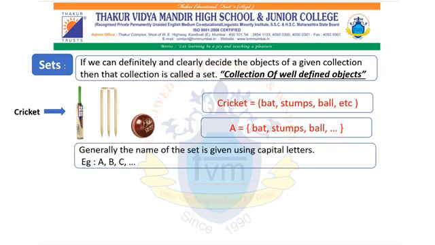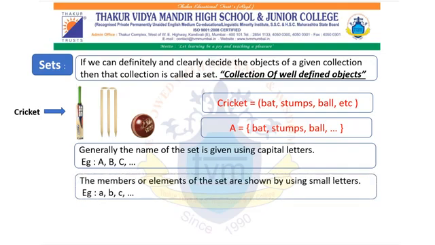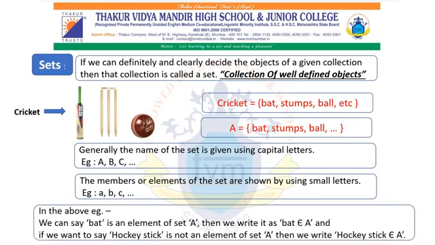Generally, the name of the set is given using capital letters. Example A, B, C, and so on. The members or elements of the set are shown by using small letters. Example small letter a, small letter b, small letter c, and so on.